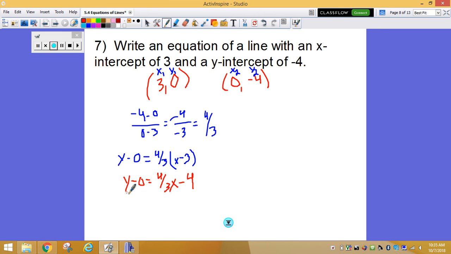And then this 0, to move it, we would do plus 0. So slope intercept is y equals 4/3 x, and negative 4 plus 0 is still just negative 4. So that's your slope intercept.